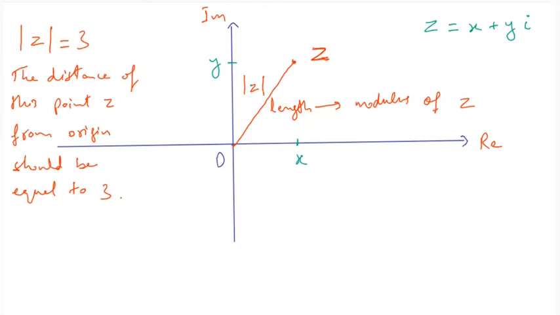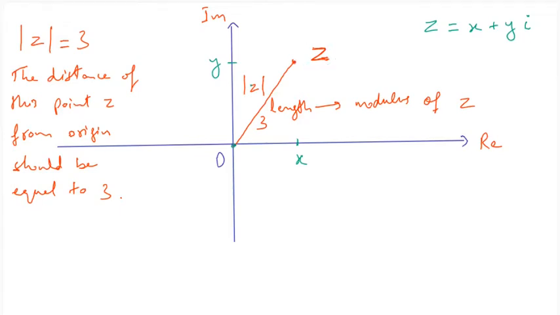Now remember your locus. एक point से अगर आपका distance constant है, एक point है आपके पास, that is the origin. एक point से आपका distance अगर constant है, that is given to be 3. इसका मतलब क्या है कि जो point z है, it can be anywhere on a circle. आप origin से अगर distance आपका 3 एक fixed distance है, so this is fixed distance from a point, that is the origin, that is 3. तो ये point z कहाँ पर हो सकता है?